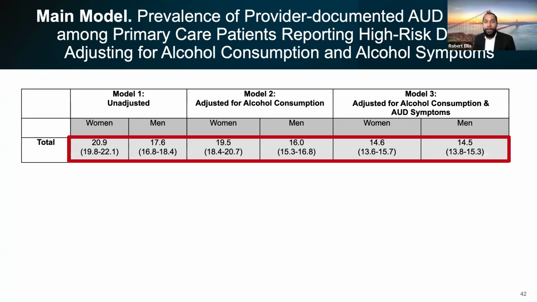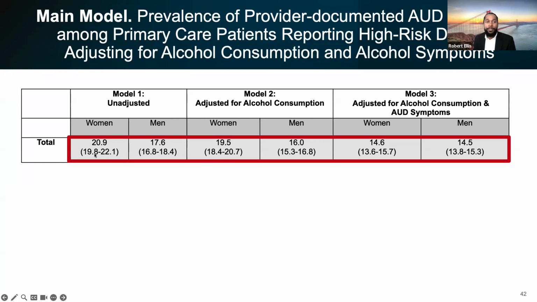And so now we're on our main model, which shows the prevalence of provider documented AUD and the confidence intervals among primary care patients reporting high-risk drinking. And at the top, you'll see that we use a stepped approach. And so model 1 was unadjusted, model 2 adjusted for alcohol consumption, and model 3 adjusted for both alcohol consumption as well as the AUD symptoms.